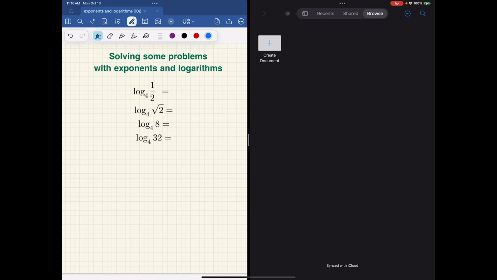Okay, let's try 4 more that are a little bit more involved. We're going to first look at log base 4 of 1/2.